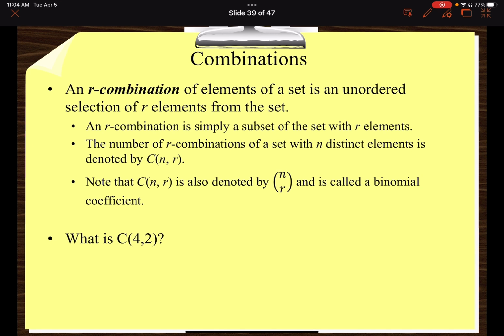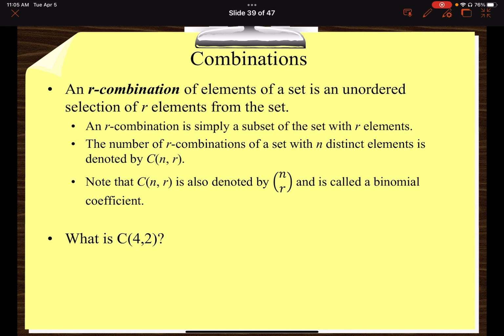How many different subsets of size 2 can we have from a set with 4 elements? Not there yet? 4. Why 4?